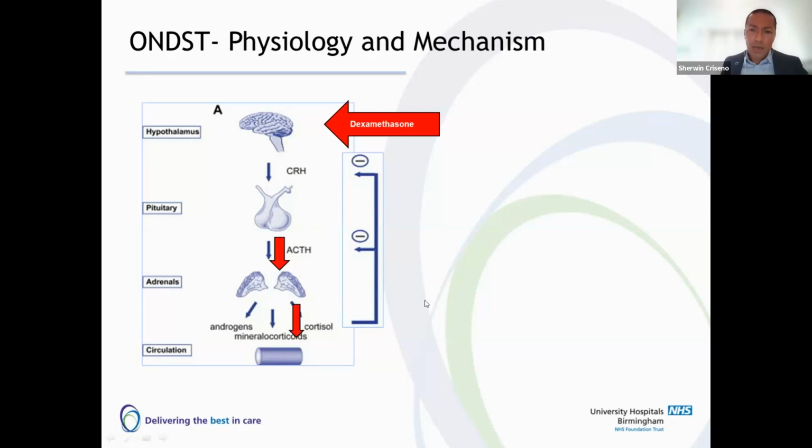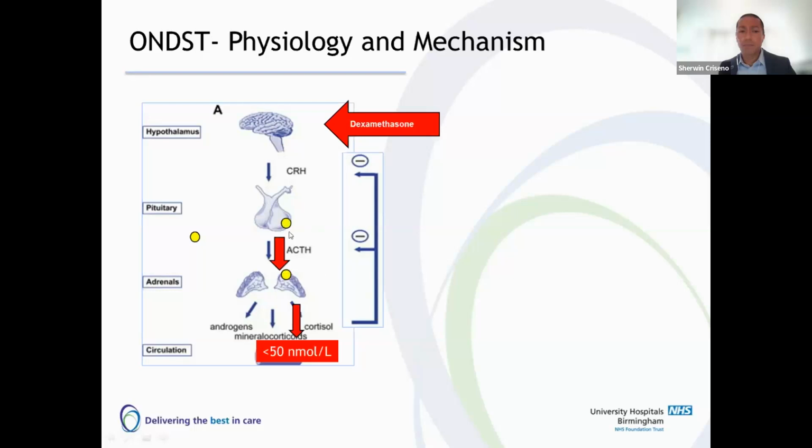In the majority of normal individuals, if we give 1 milligram of dexamethasone between 10 and 12 in the evening, and check the cortisol level the following morning between 8 and 10 o'clock, the cortisol will be suppressed to less than 50 nanomoles per liter. That is a normal physiologic response.